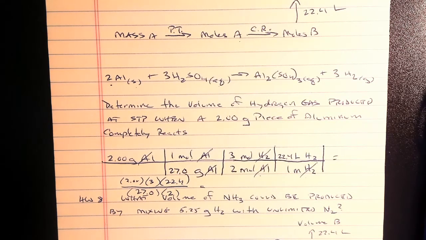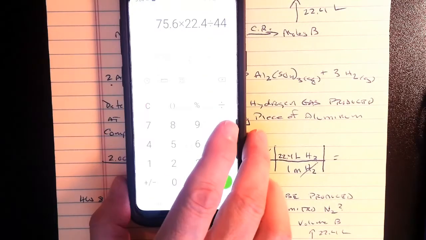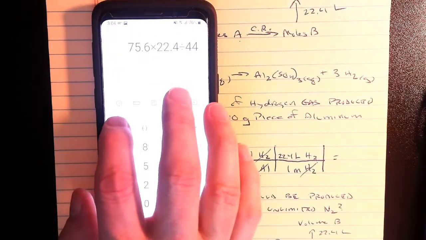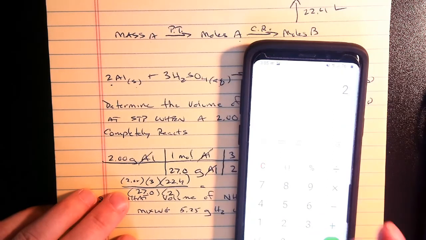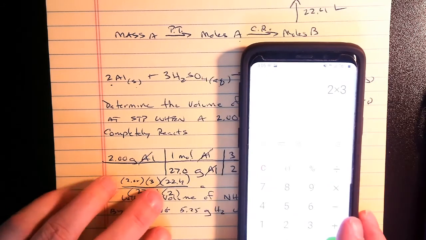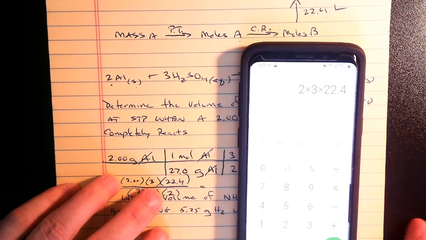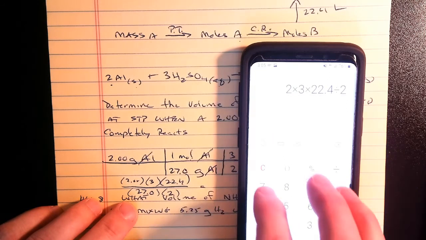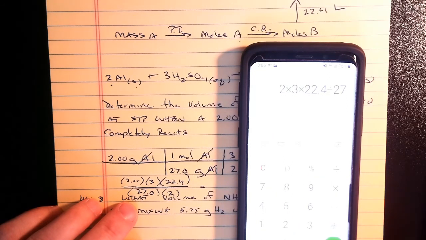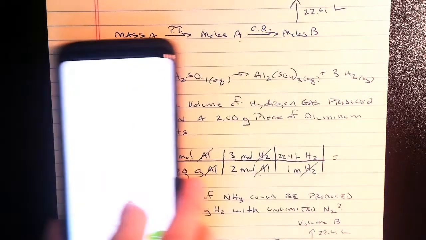Okay, let's put this on clear. So we've got 2, we can drop out that 0.00, times 3, which is 6, times 22.4, which is 134.4, divided by 27, which is 4.9, and divided by 2, which is 2.4888.